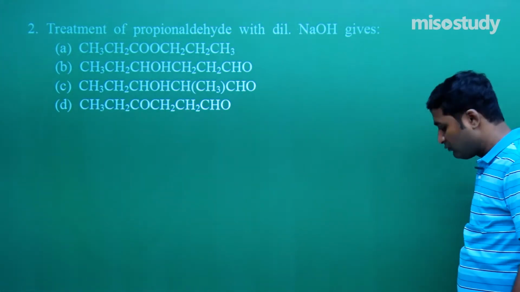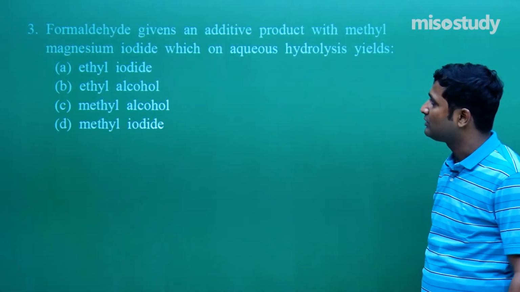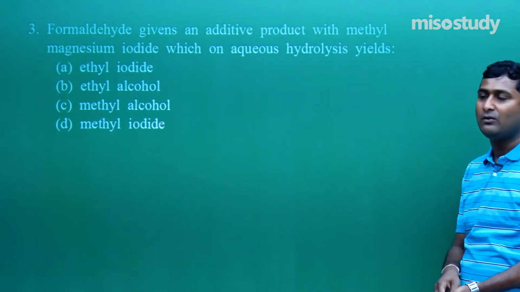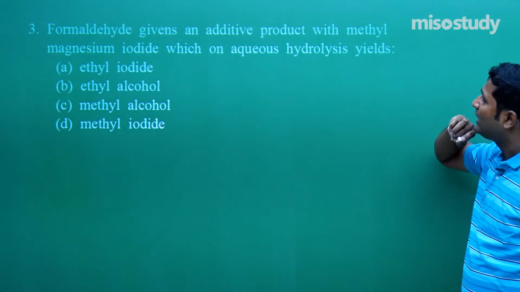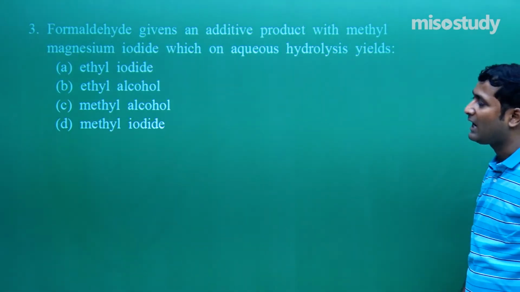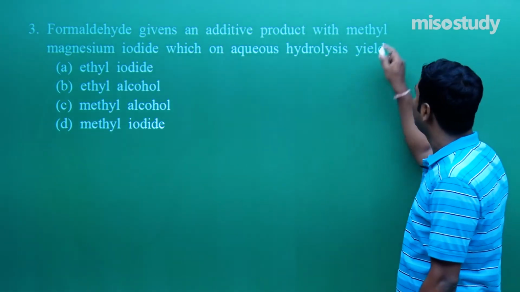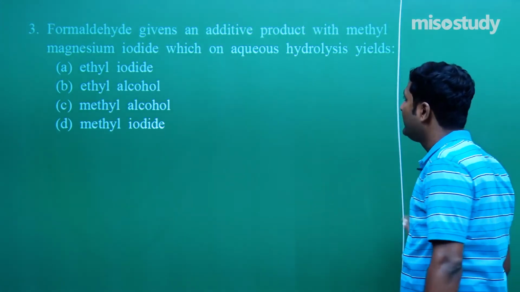Now let's move to the next question, question number 3. What is given here? Formaldehyde gives an additive product with methyl magnesium iodide. Read the question carefully.